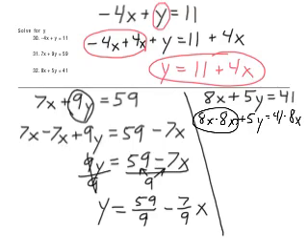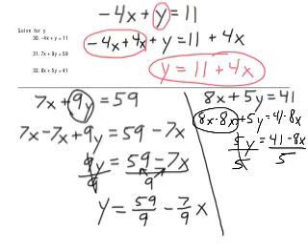That goes away, and we have 5y equals 41 minus 8x. Divide by 5. Cancels, and so we have y equals, and I'm going to divide each of these in now, 41 fifths, and just leave it like that, and this is going to be negative 8 fifths x, and that's the answer.